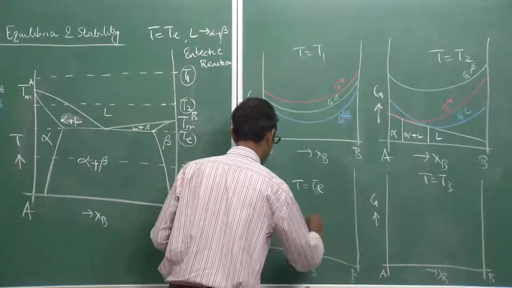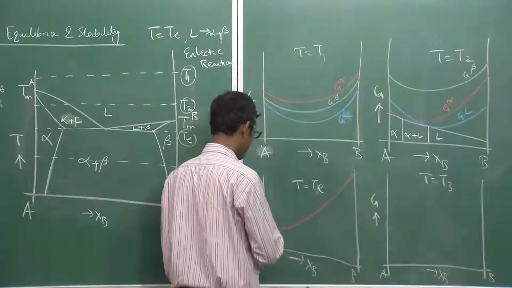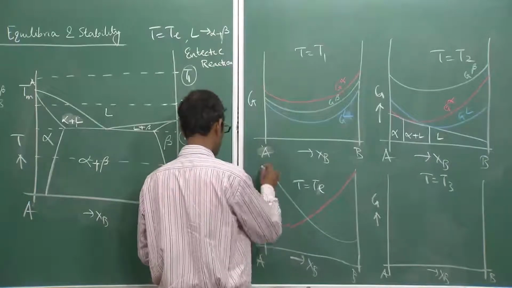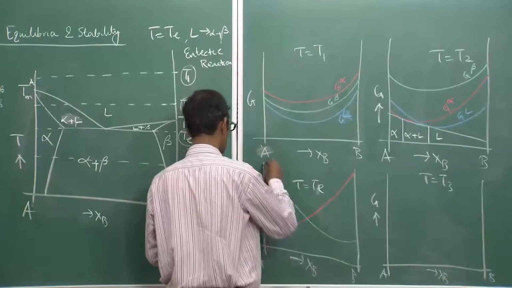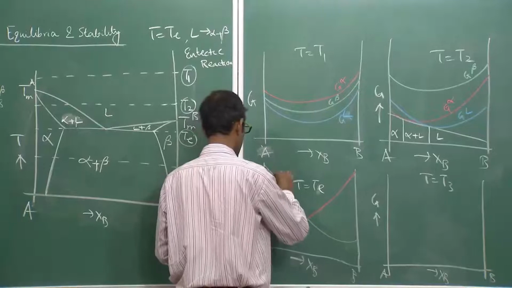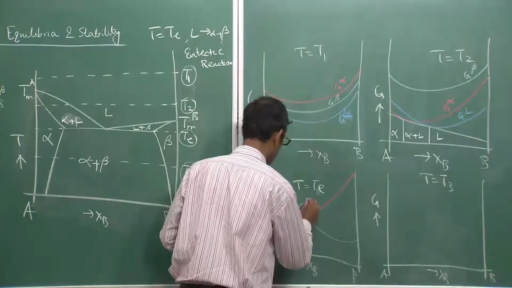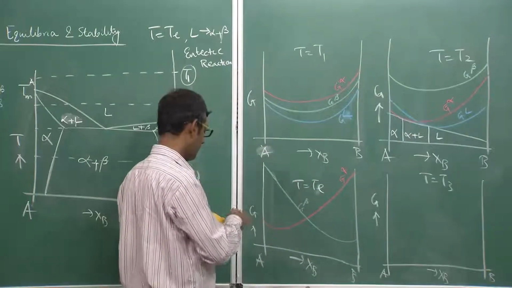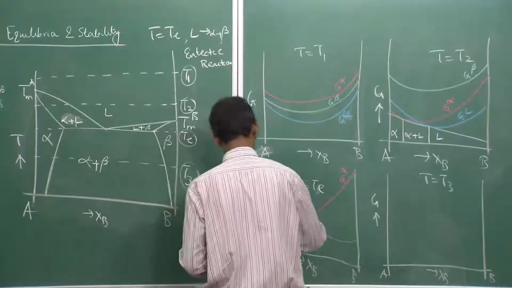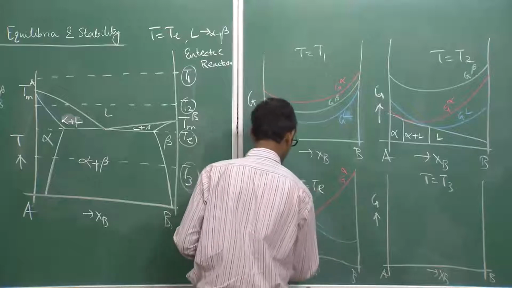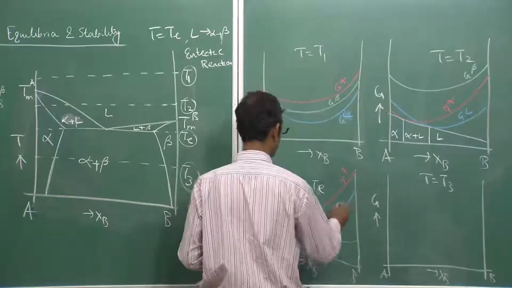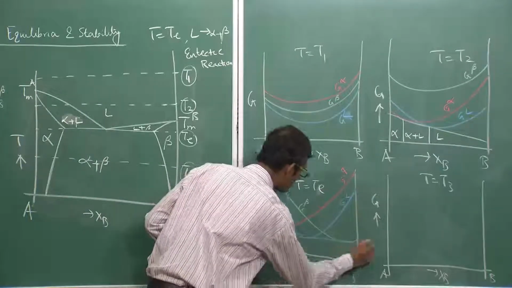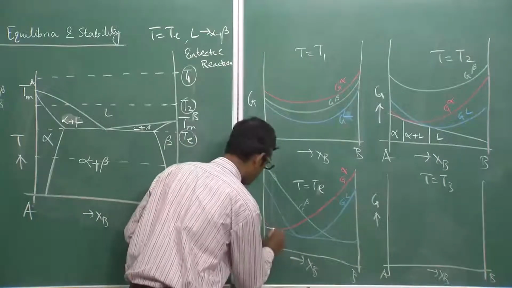So alpha, beta, and liquid, this is GL. As you see, there is a common tangent between the three.